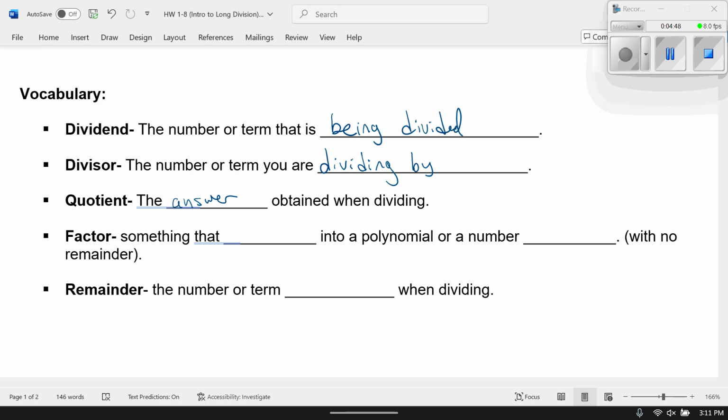So, for example, if we had 12 divided by 3 is 4, 12 is the dividend, 3 is the divisor, and 4 would be the quotient.